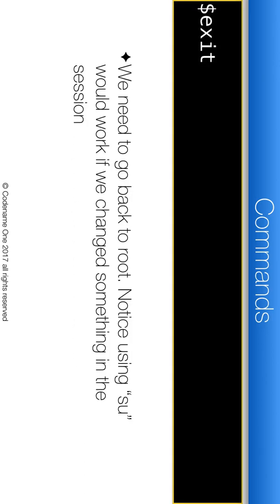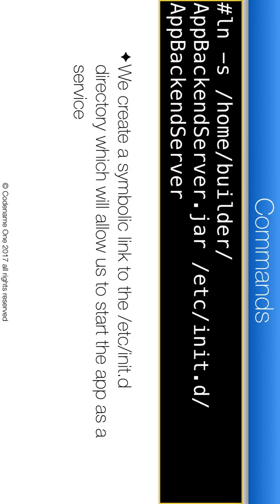You might recall we did a su builder, so I'm just exiting from that su command and returning to the root account. If I use exit from there, I will log off from the server. This command might be confusing to Windows users, since there is nothing like this on Windows.